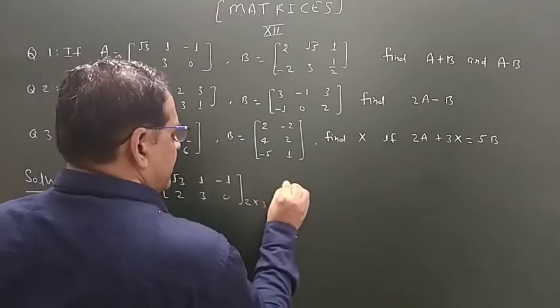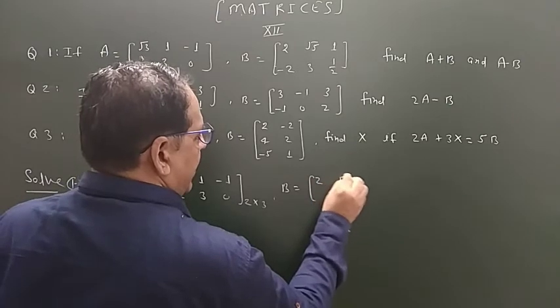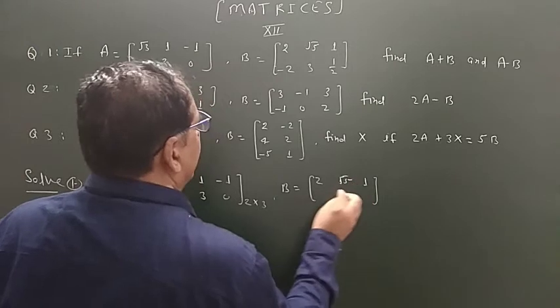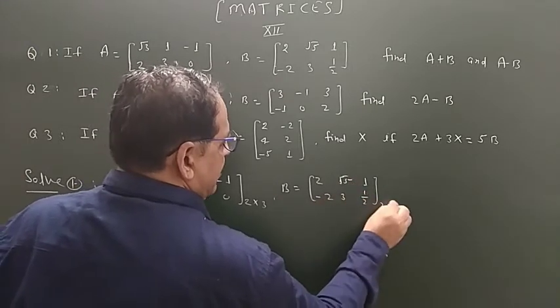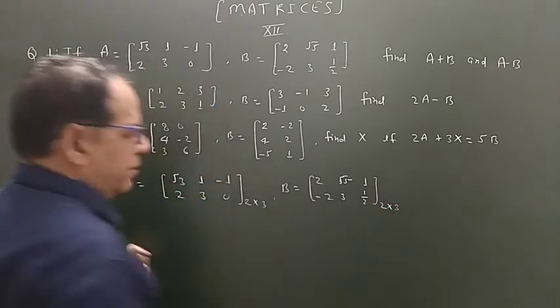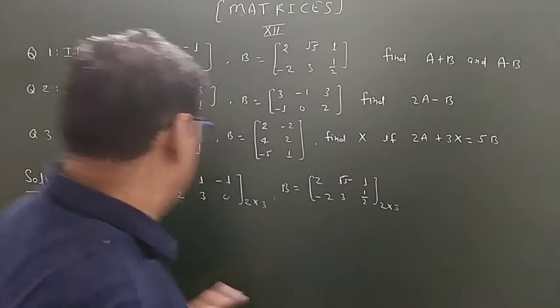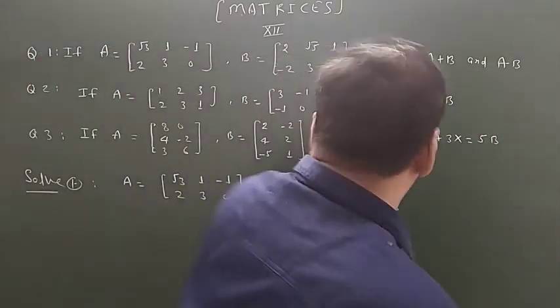Similarly, the second matrix B equals 2, root 5, 1, second row minus 2, 3 and half. This is also a matrix of order 2 by 3. So now A and B can be added. We want to find A plus B and A minus B here.